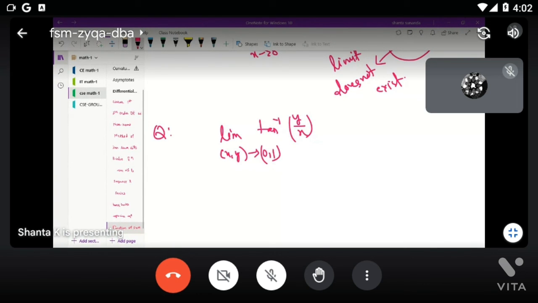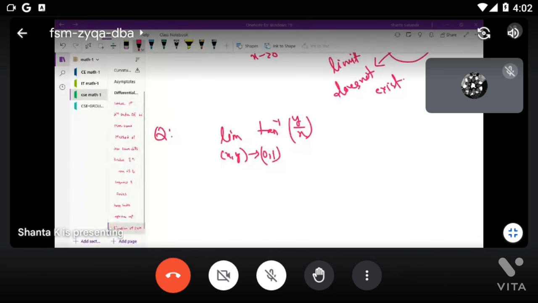So it's a well-defined thing. What will you say about the limit? We can substitute y equals mx. So tan inverse m.